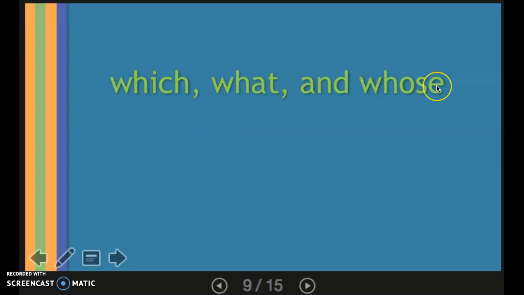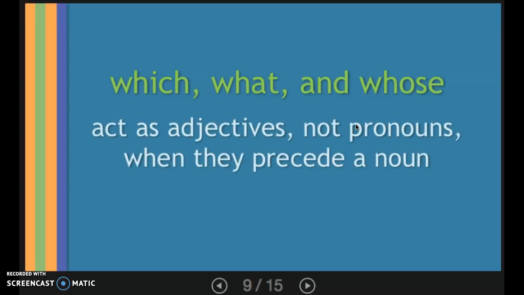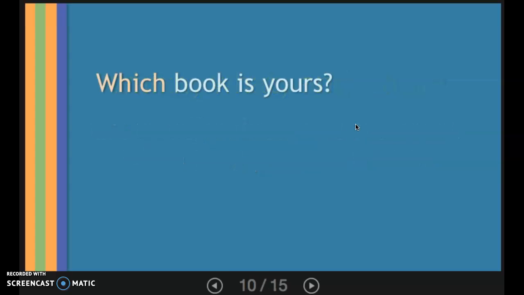Which, what, and whose. These are going to be acting as adjectives, not pronouns. Now, let's look at these words. Which, what, and whose. They act as adjectives, not pronouns, when they come before a noun and they ask a question. Which book is yours?